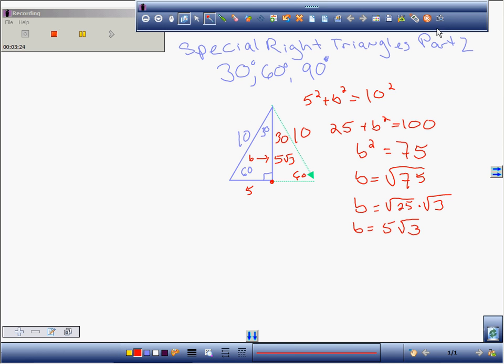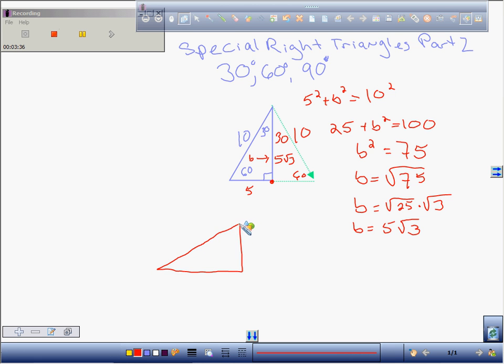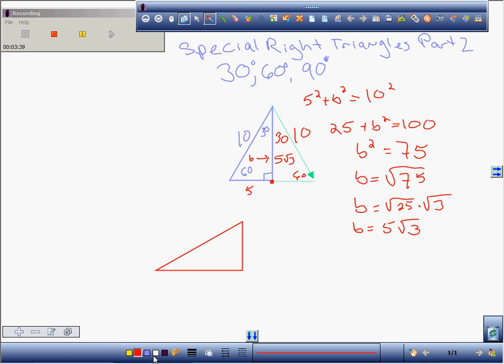So let's draw another 30, 60, 90 triangle. Okay, let's say that now this is my 30 degree. They'll shift this thing around, okay?